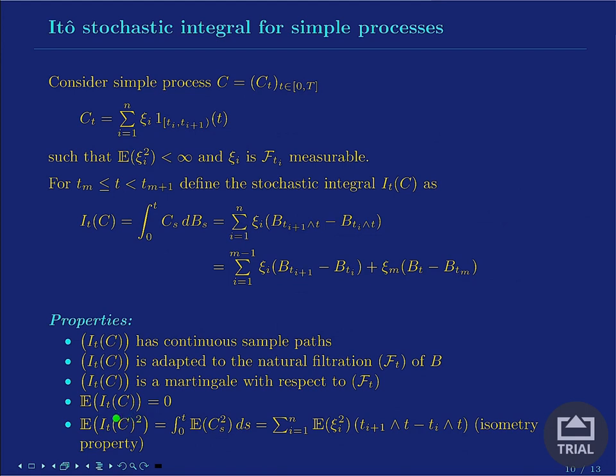And this here can be seen as a norm on the space of stochastic processes, and the two norms, actually living in different function spaces, are equal, so that is called the isometry property.